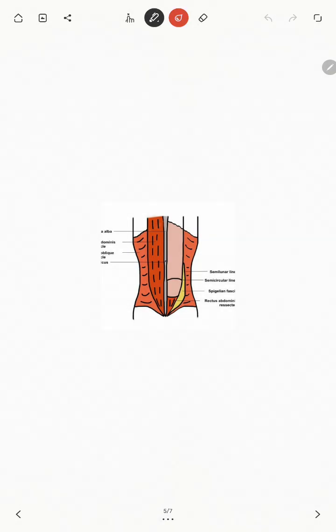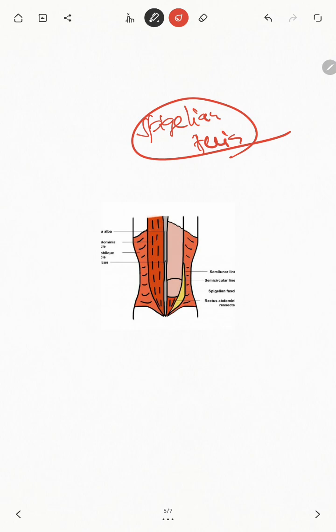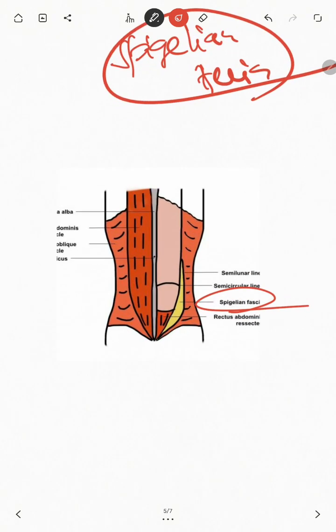So the next hernia we will see here is a Spigelian hernia that is going to occur through the Spigelian fascia. So basically it is called an interparietal hernia.